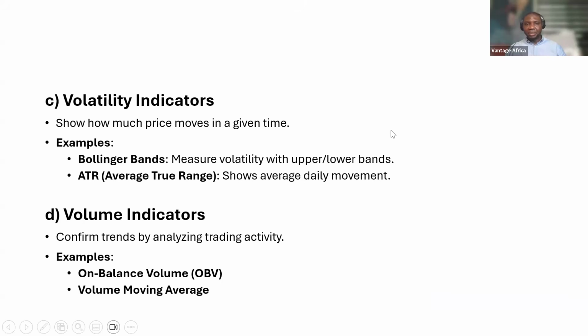So we have Bollinger Bands and we have ATR, the average true range. These indicators will show you the volatility of the market at the moment. Sometimes the volatility is very high. You can see the market running wild, and usually that happens during market sessions where there's a huge amount of players, like during the London session, during the overlap between the London and the New York session, right?